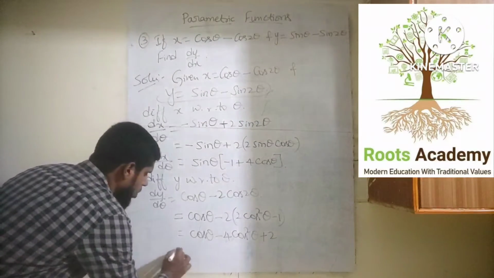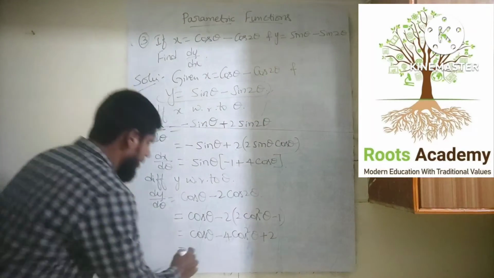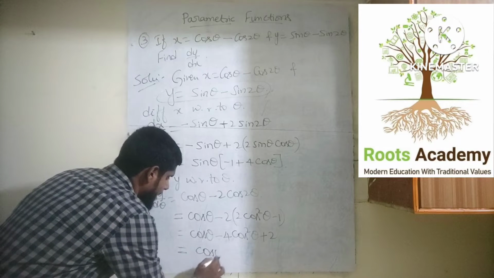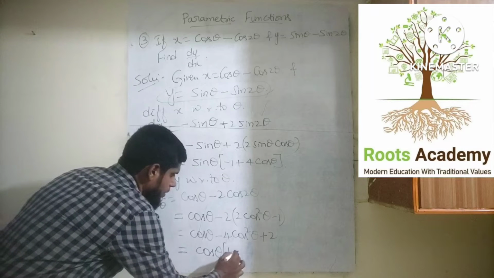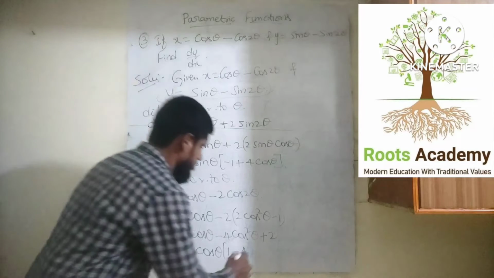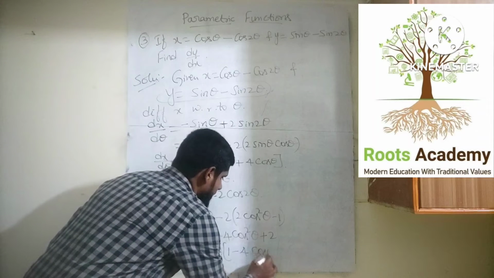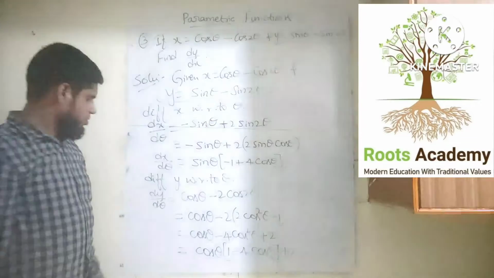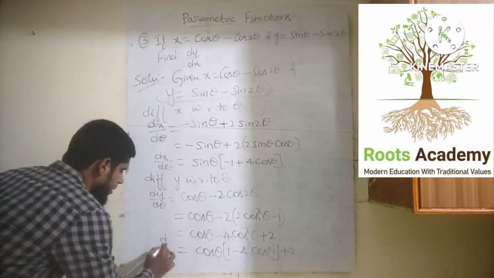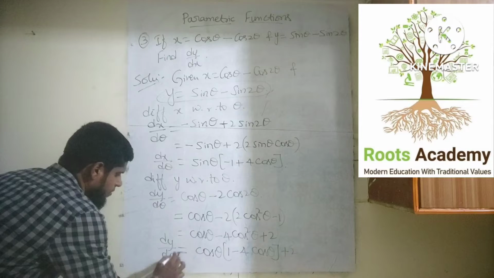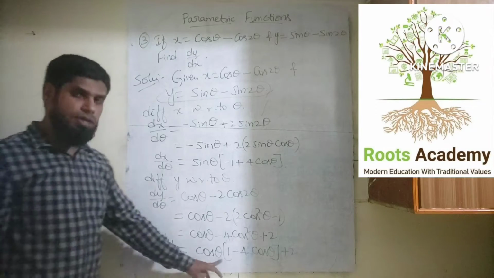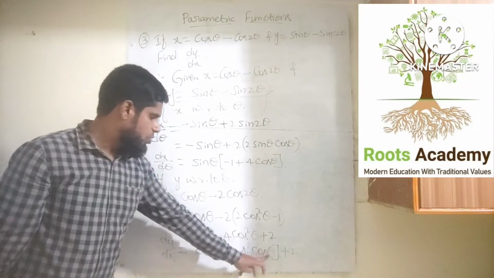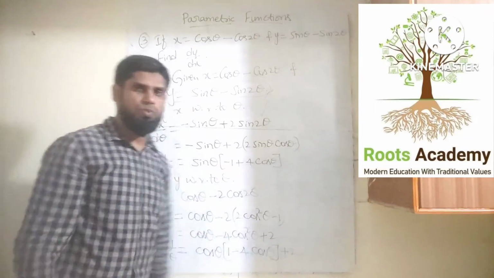If I remove cos theta, I can write 1 minus 4 cos theta plus 2. So my dy by d theta will be cos theta into 1 minus 4 cos theta plus 2.